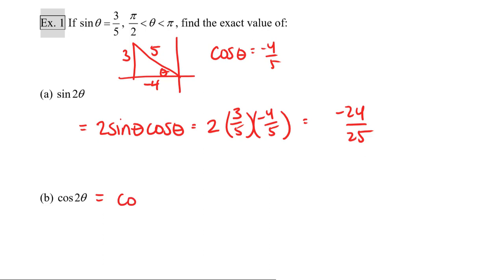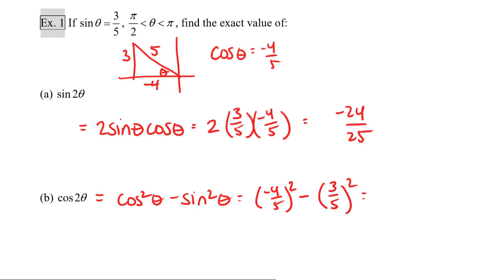I'm going to go ahead and use cosine squared theta minus sine squared theta. I know that cosine is -4/5, and I'll square it, and I'll subtract from that the sine, which is 3/5, and I'll square it. That's 16/25 minus 9/25, which is equal to 7/25.